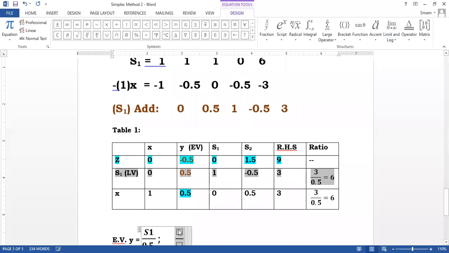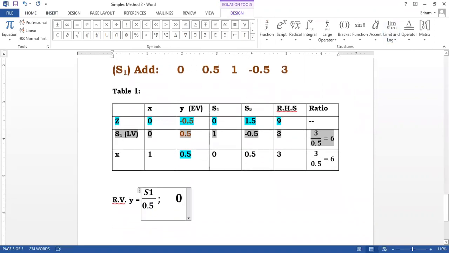I am going to divide the value of 0 by the corresponding number. What is the corresponding number here?